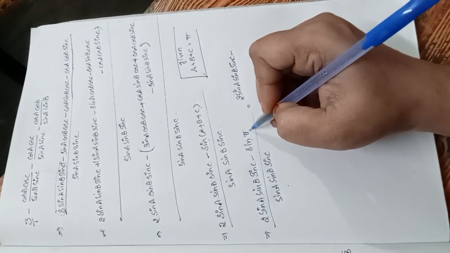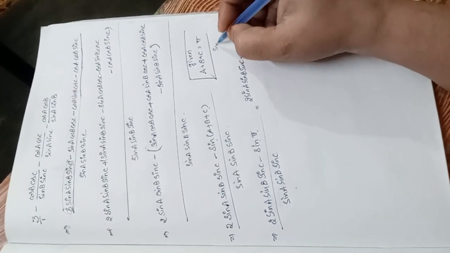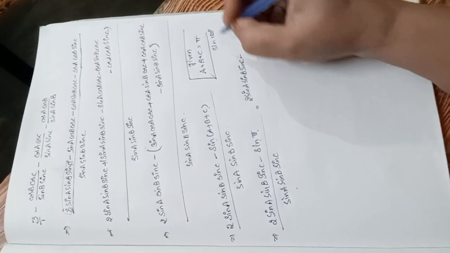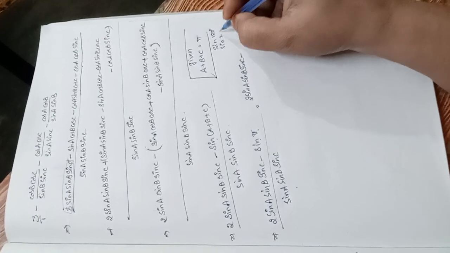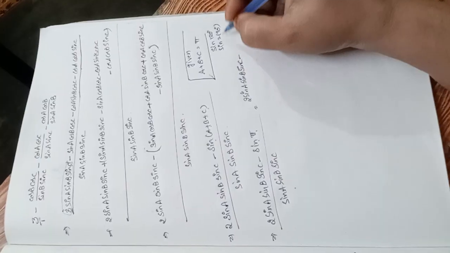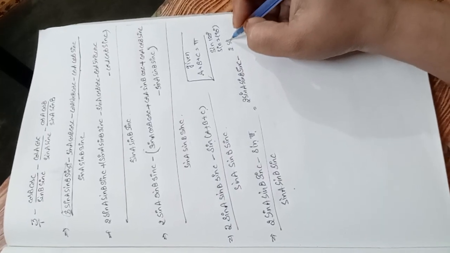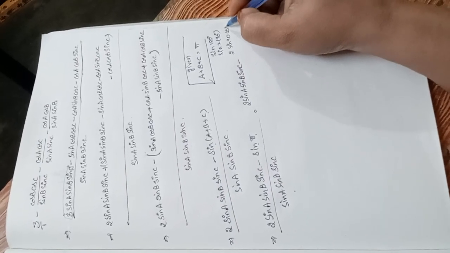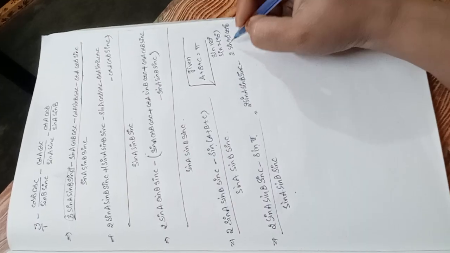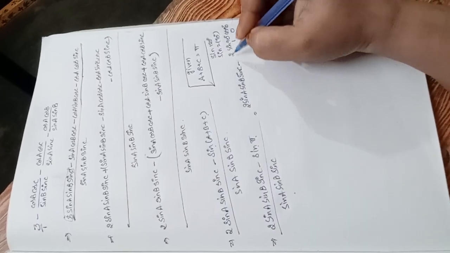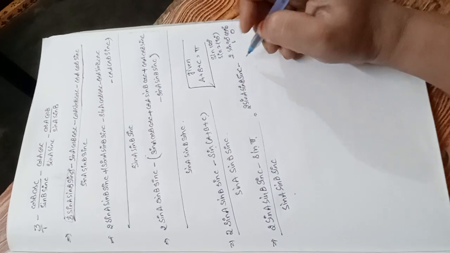Let us see. Pi is 180, no? So sin 2 into 90. So sin 2 theta is 2 sin 90 cos 90. Sin 90 is 1, cos 90 is 0. So 2 into 1 into 0 is 0.